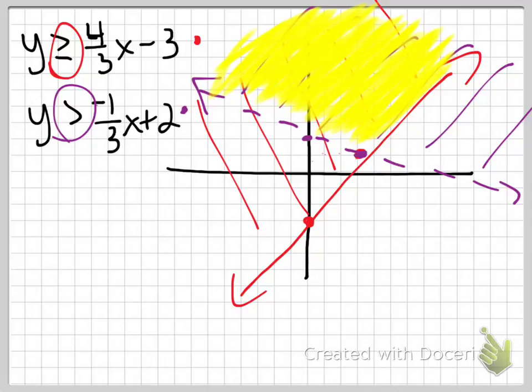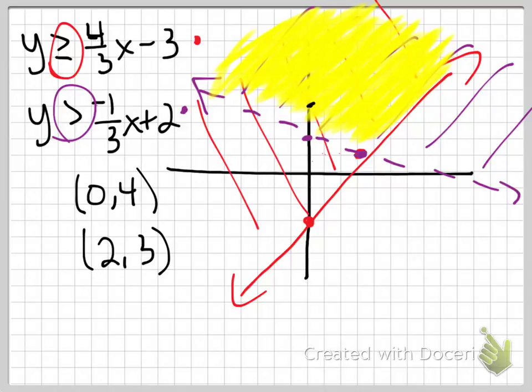You could give me something like, I don't know, 0, 4. That's a point in the solution right there. Okay. You could give me 2, 3. That's a point in the solution. I mean, that is like a solution to this system of inequalities. So the big thing is, anytime you have a system of inequalities, you have multiple solutions.